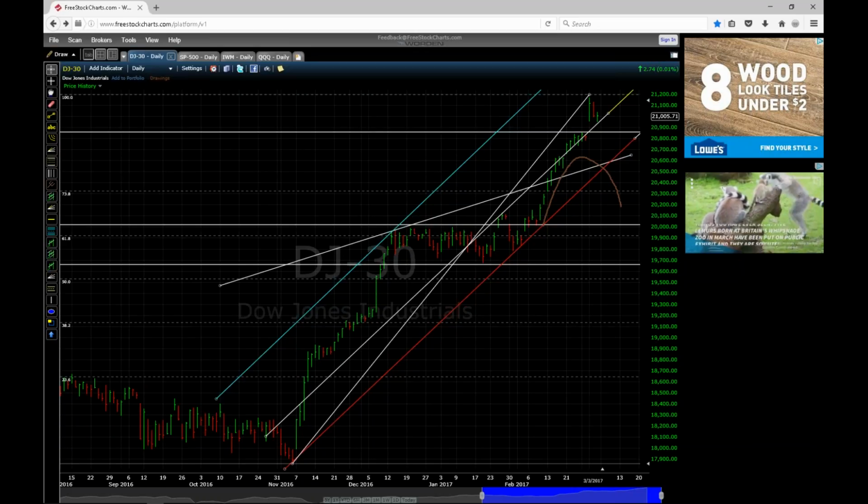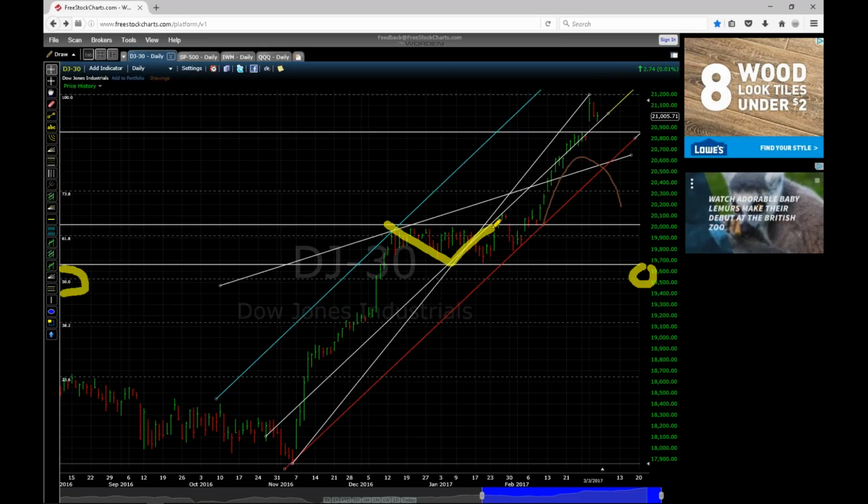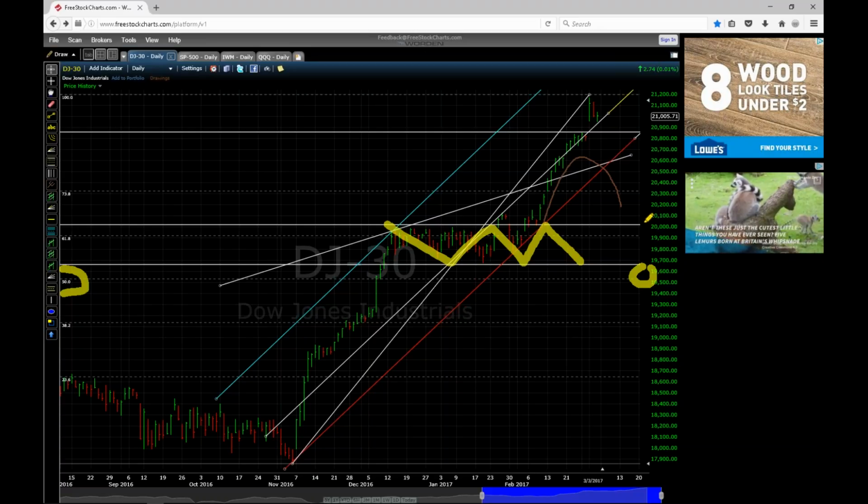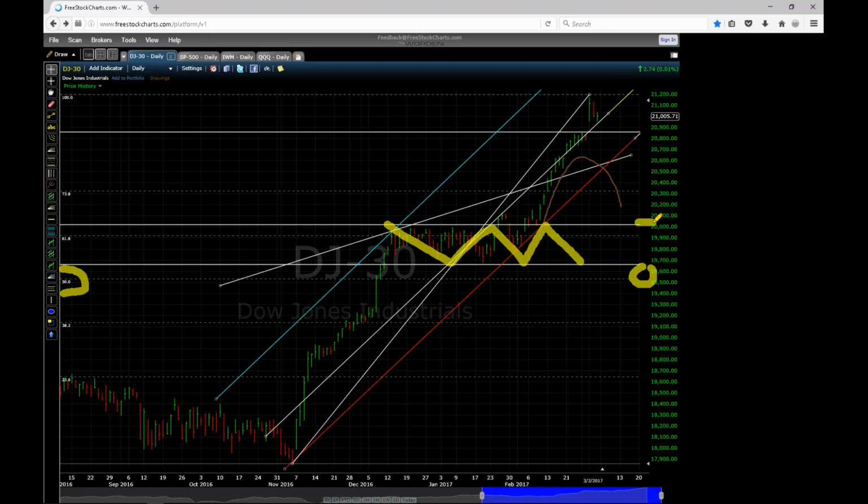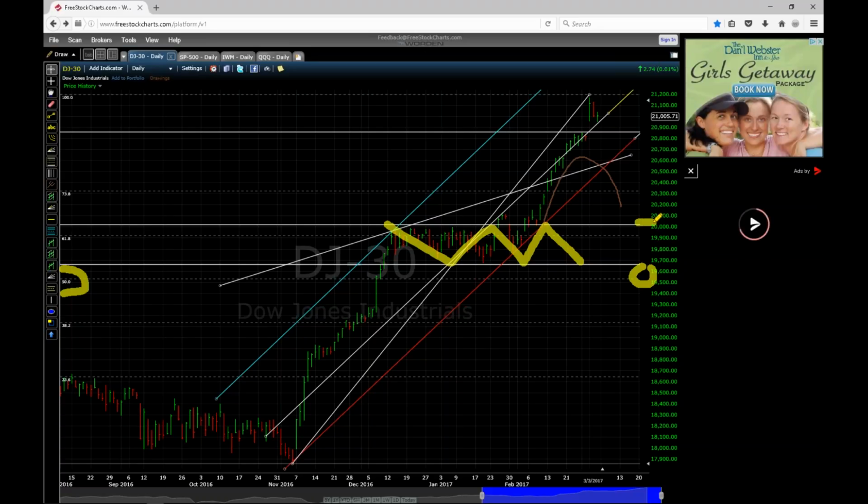I use Fibonacci on Priceline, on so many stocks. You guys have seen that. That is 19,600, which also happens to be that channel low of where we broke out. I think we are going to retest 20,000, and it's going to happen rather quickly in the month of April. That's just my guess.